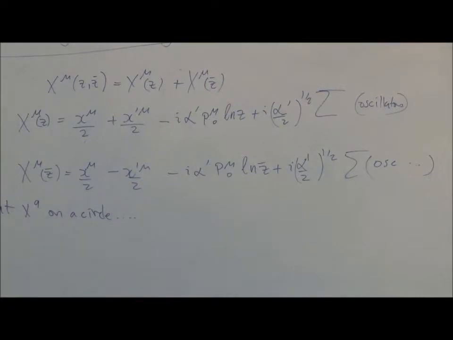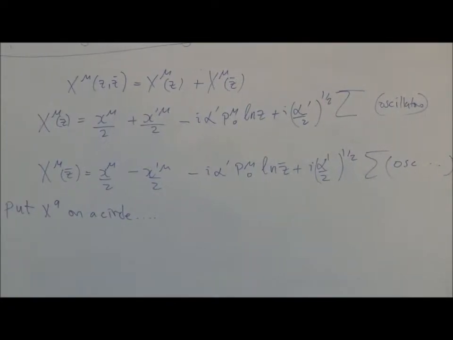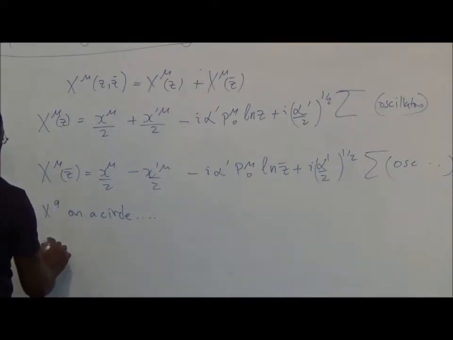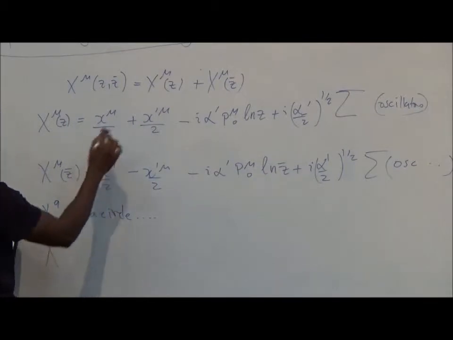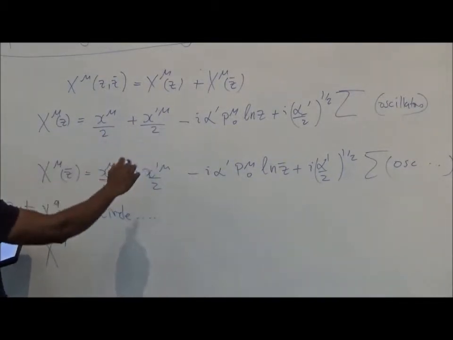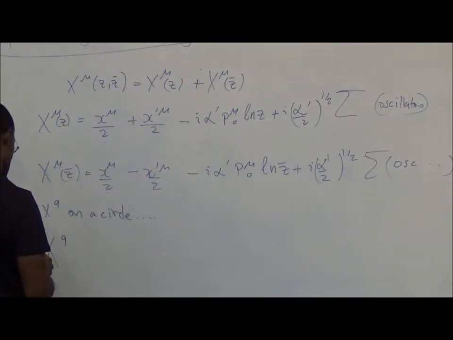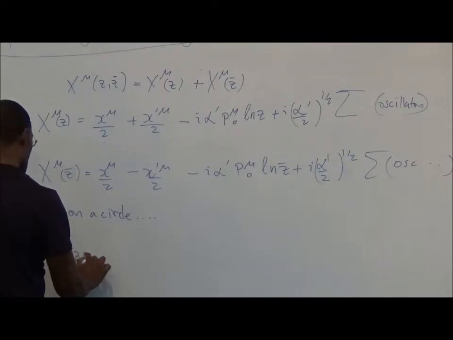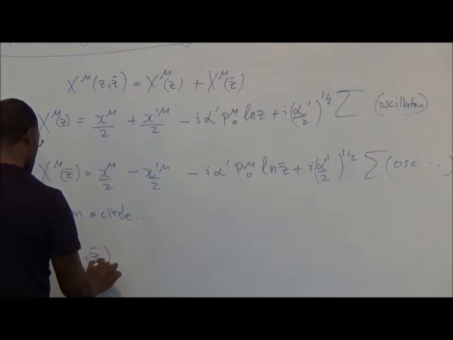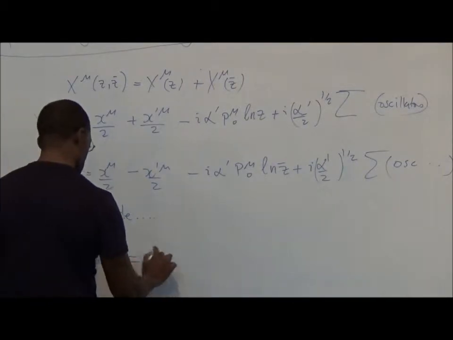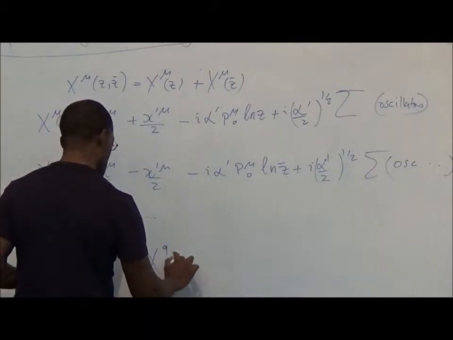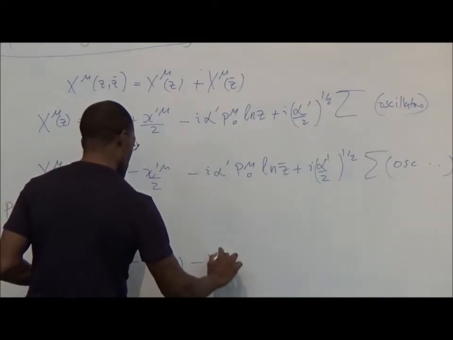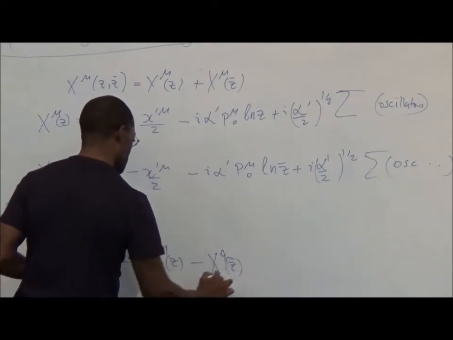Right, and so what I should do is write out x9. I could write these out again with a 9 on, but let me not do that. Let me instead look at what would be x9 in our putative dual theory, which would be x9 of z minus x9 of z bar.